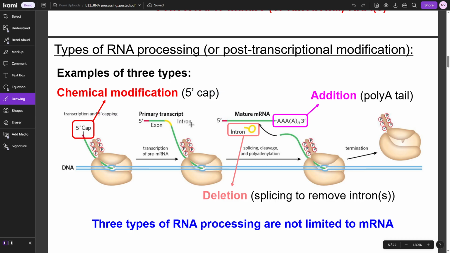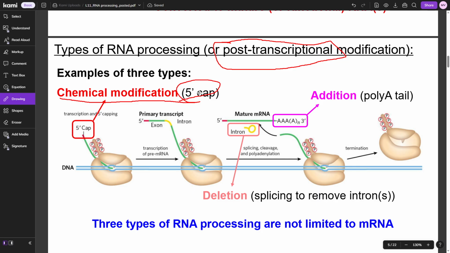So, basic gist of this, there are a couple different types of post-transcriptional modification or RNA processing, post-transcriptional, not to be confused with post-translational modifications when we get there. But we've got different types of RNA processing. Here are 3 different types. We've got a chemical modification with the 5' cap, which is basically just a guanosine.